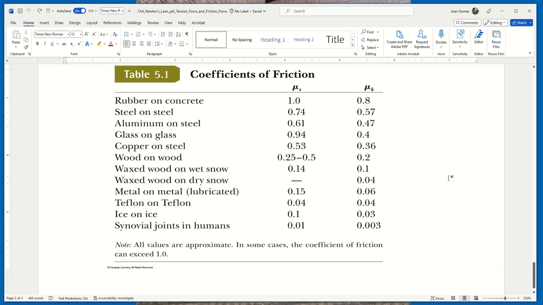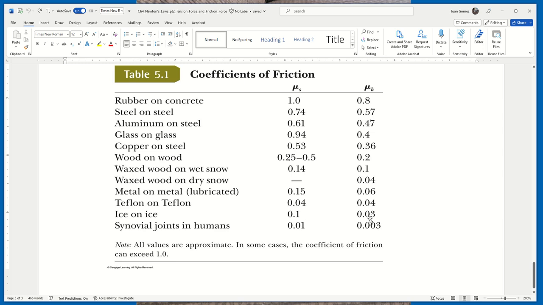And if you're getting coefficients of around 0.3, 0.4 and higher, that's a good amount of friction. Anything around 0.1 or lower, you're getting to be not a whole lot of friction. But you get glass on glass, static 0.94, kinetic 0.4. Ice on ice, very little friction.